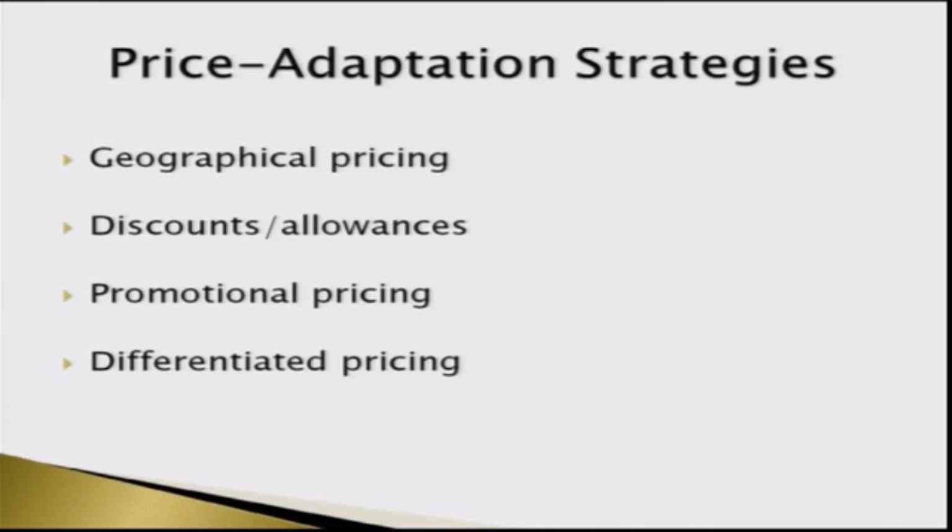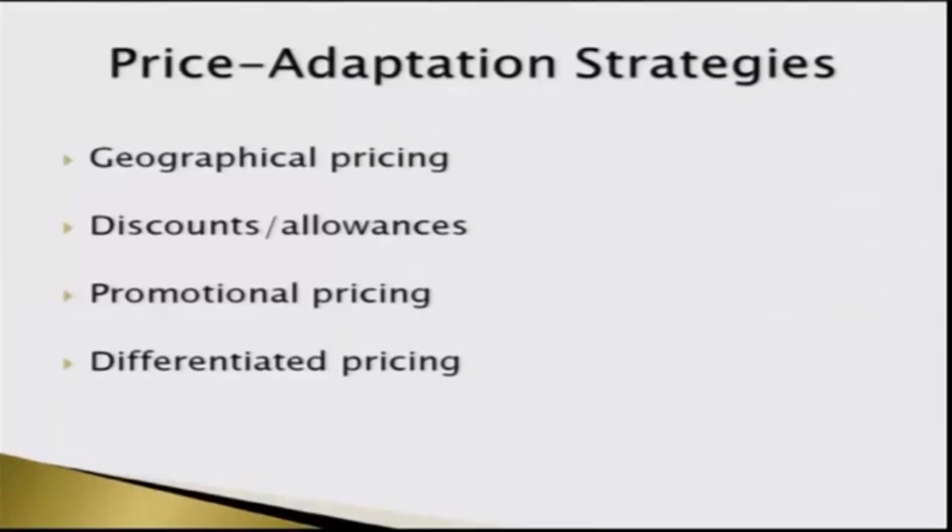So, whatever price you set, you need to adapt your prices, and this price adaptation happens in terms of geographical pricing, in terms of discounts and allowances that you offer depending on market and competition factors. Then you have promotional pricing and differentiated pricing.